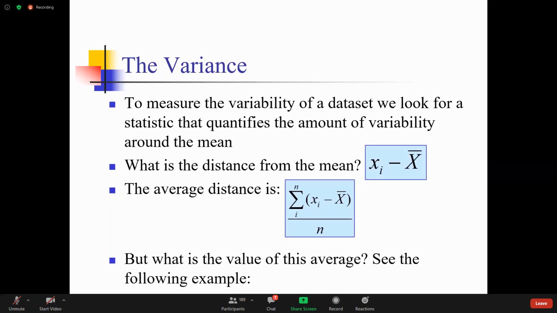And how did I do that? When we calculated the mean, we added all the values and divided by the number of observations. So we can do that here also. We can see how far each point is from the center or from the average, add all of those differences and divide by the number of observations that we have in the data. Okay? Now, let's do that. Let's see if that works. This is a data set, the CAM study.